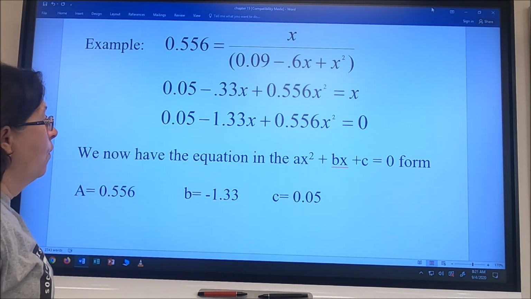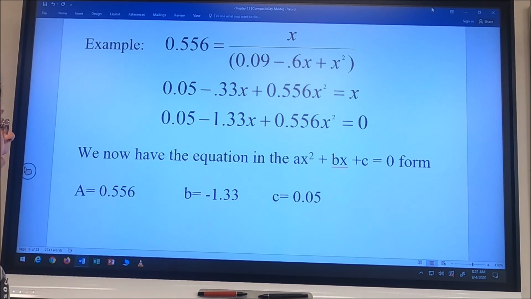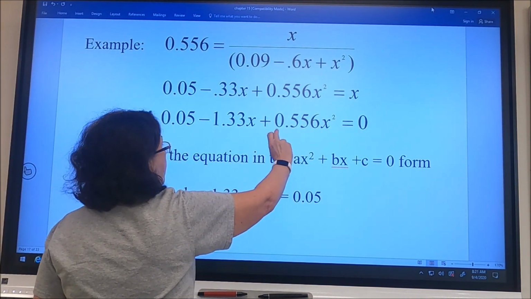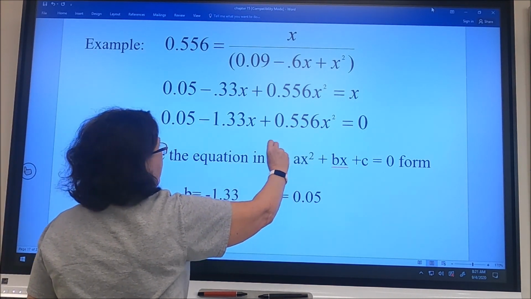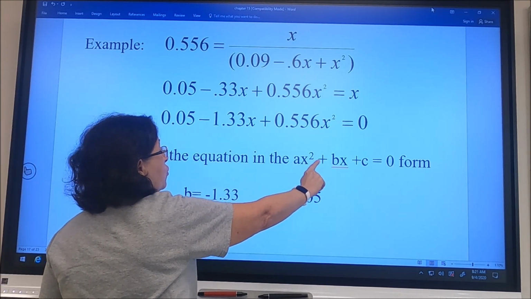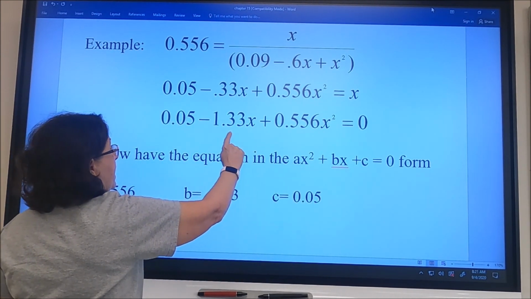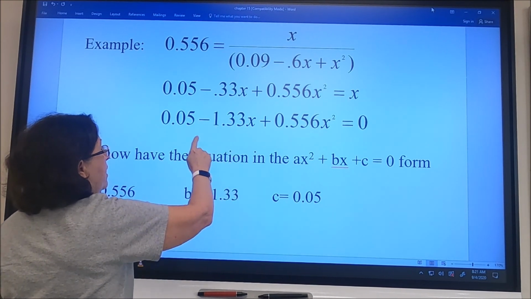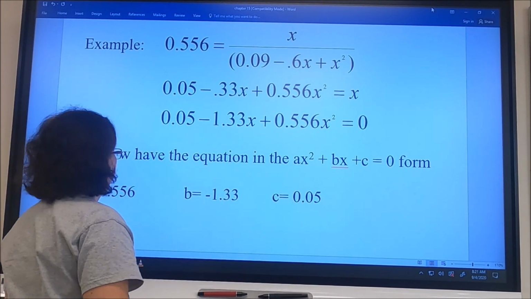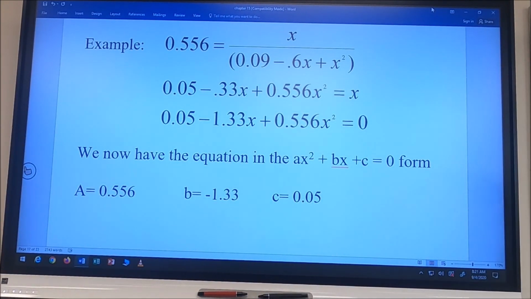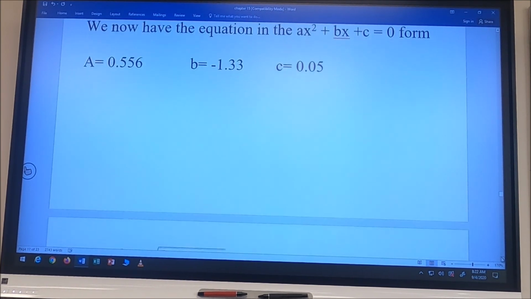And remember, we're looking for ax squared plus bx plus c equals 0. Now, this is my squared term, so a is 0.556. Remember, looking for this form, ax squared plus bx plus c. B is minus 1.33, and my c is 0.05. If you want to rewrite that equation so you've got it written in ax squared plus bx plus c equals 0 form, do it. Whatever makes the math work best for you.